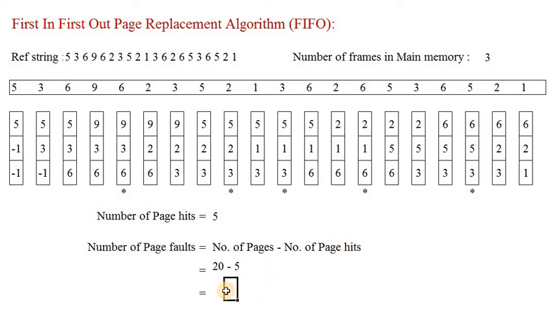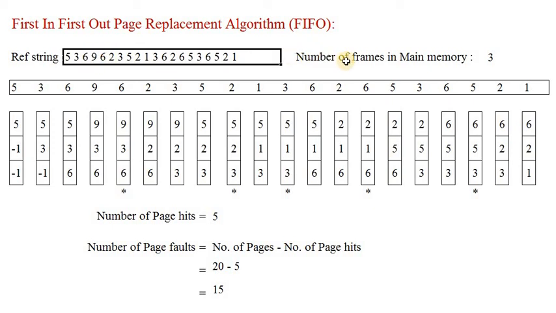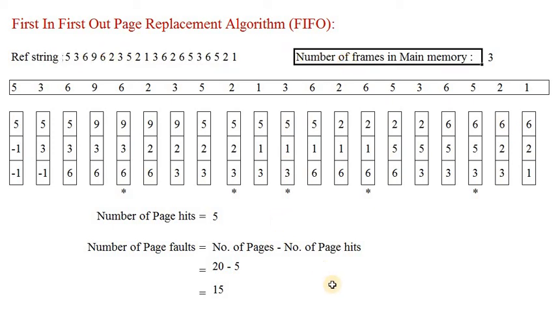So it equals 15. So there are 15 page faults. So this is how we apply the FIFO page replacement algorithm on a given string with a number of frames. Thank you.